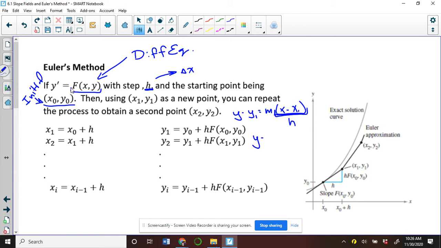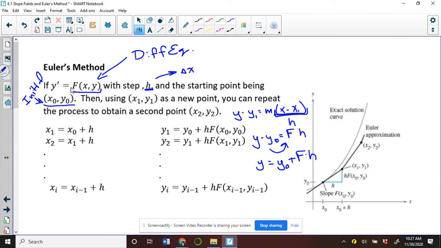So now we have y minus y1 equals your slope times h, and your slope in this instance is capital F. And then we just add over our y value, but instead of y1, we're going with y naught. So we're just changing that to a 0. So then y equals y naught plus your slope times your step. So it's really just using the tangent line equation modified.